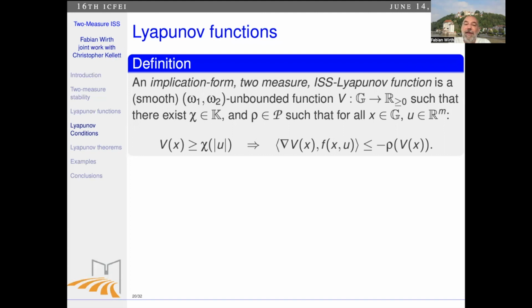It's an omega-1, omega-2 unbounded function in the sense we've just discussed, such that we have the usual implication. So if V of x is bigger than chi, then gradient V times f should be negative, so there should be a decay in V. And the relation to the two-measure case is really hidden in this omega-1, omega-2 unboundedness. That is where we see what decay in V means: it has a relation to the measurement functions, not to norms or anything.